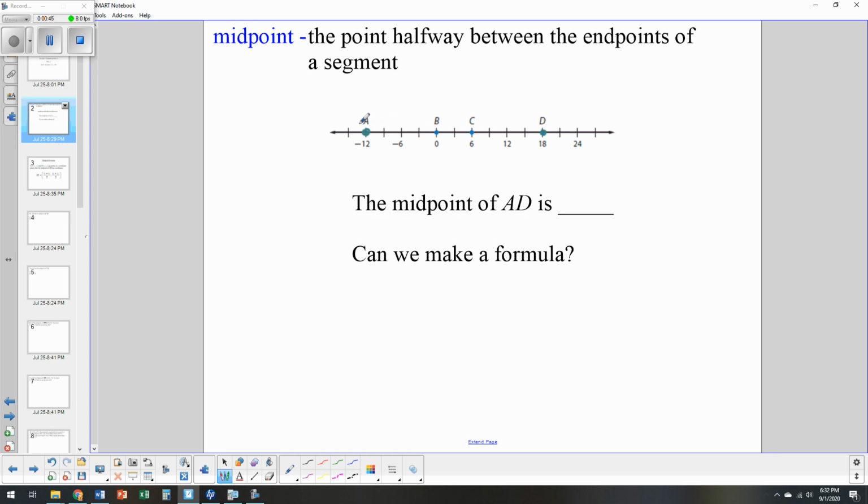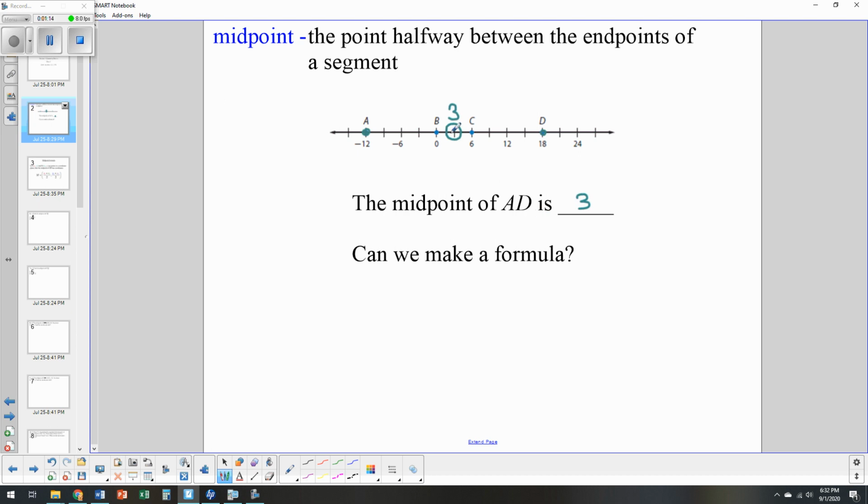So half of 30 is 15, but it'd be crazy to say the value of the midpoint is 15, right? Because that's way too close to D. So what it is, it's 15 away from A and it's 15 away from D. So if we did 3, 6, 9, 12, 15, and we checked it the same way, 3, 6, 9, 12, 15, that means the midpoint of AD is 3.